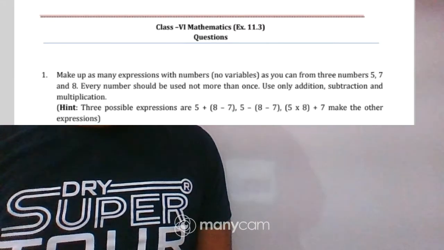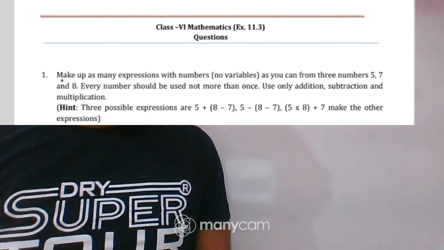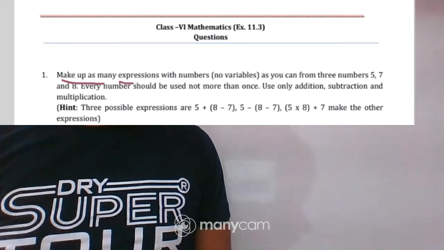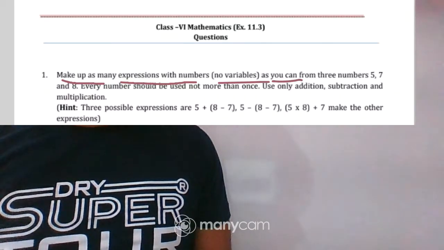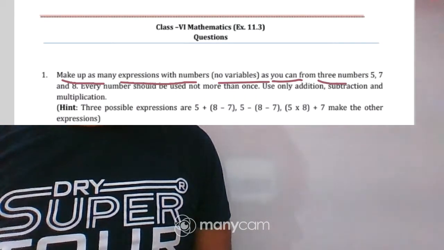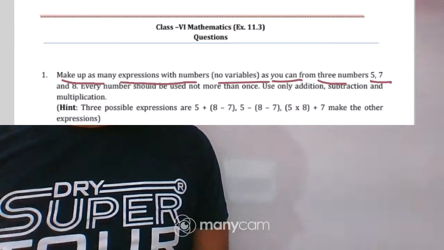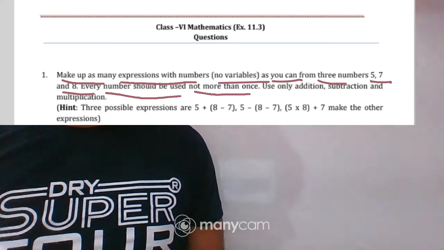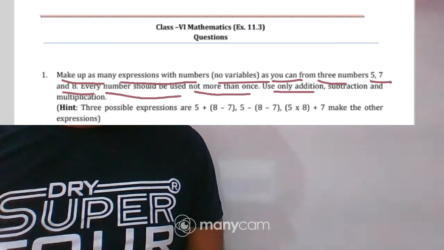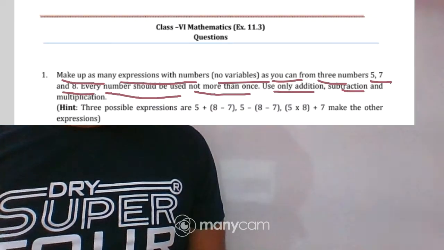Make up a sum expression with the numbers, no variables. Three numbers are given: 5, 7 and 8. Every number should be used not more than once. Use only addition, subtraction and multiplication.